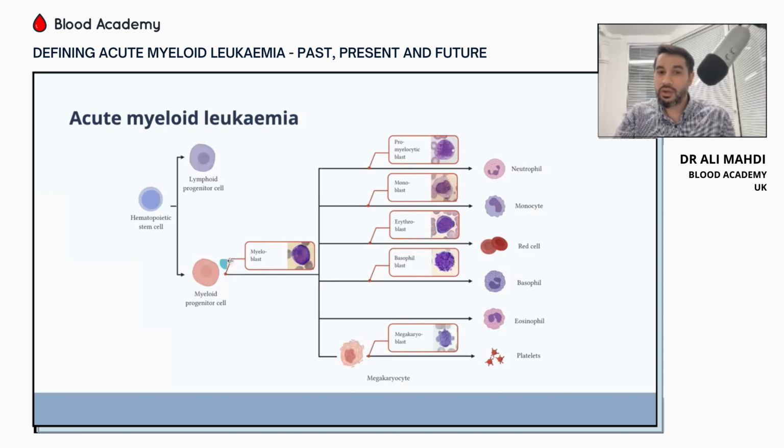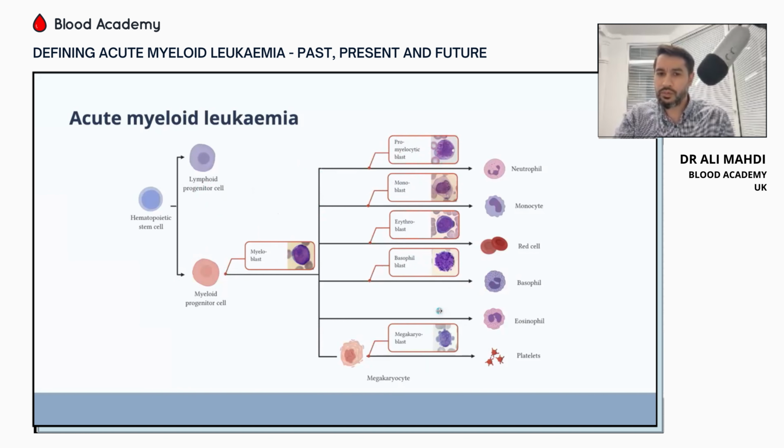So very early on, you'll get this typical blast cell of a myeloblast, although it's pretty much impossible to distinguish between a lymphoblast without flow cytometry. And then later on, during the maturation process, you can have things such as promyelocytes with these heavily granulated cells within the cytoplasm and multiple Auer rods, monoblasts, erythroblasts, basophil and megakaryoblasts as well.